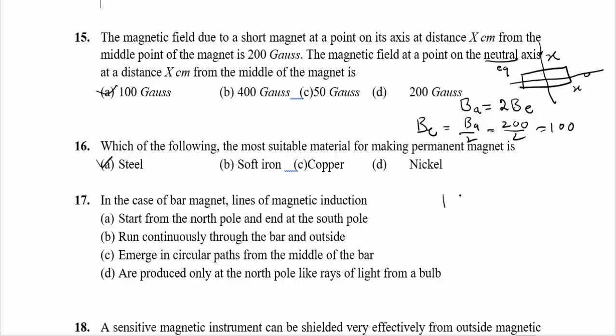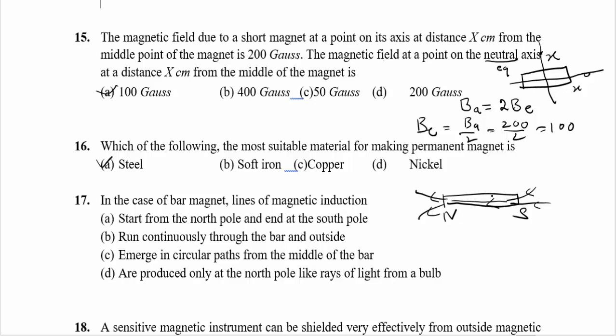Now if you take a bar magnet, from the North Pole the magnetic field lines come out. At the South Pole, the magnetic field lines re-enter, and the magnetic field lines also flow inside the magnet.